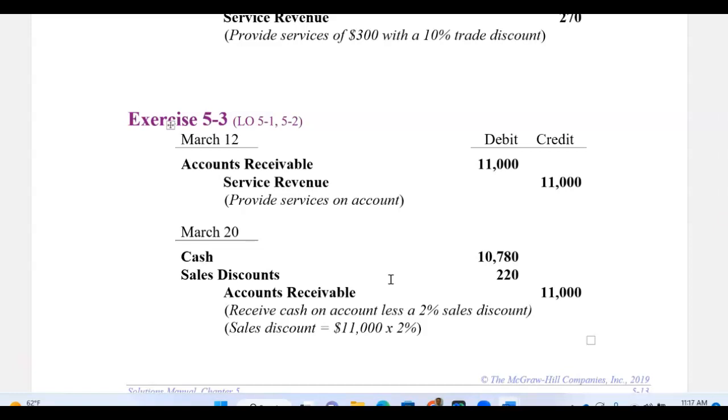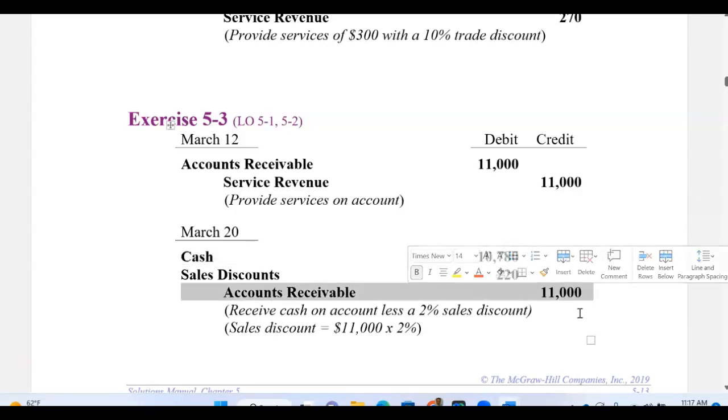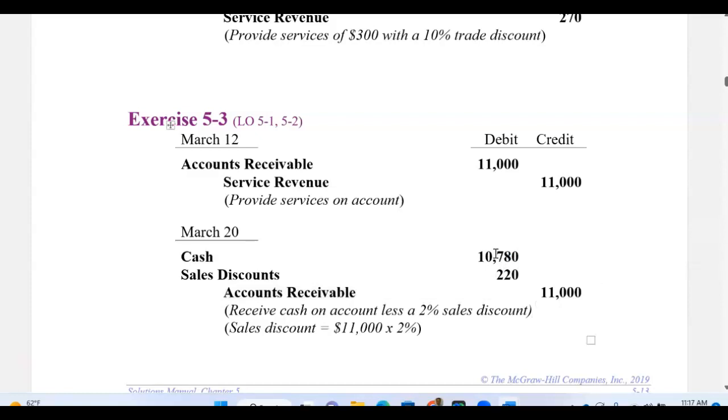By the time you receive this check within 10 days, actually you get what? You get a check for a much smaller amount, just $10,780. You're gonna close the accounts receivable anyway, right? And the difference between the check that you received and the 11,000 accounts receivable that you are closing is the sales discount that you are recognizing right now, in the amount of $220.